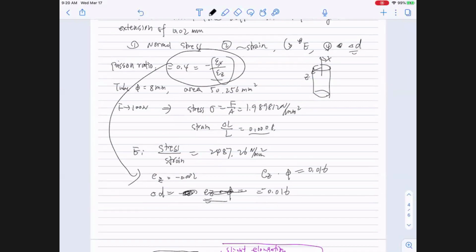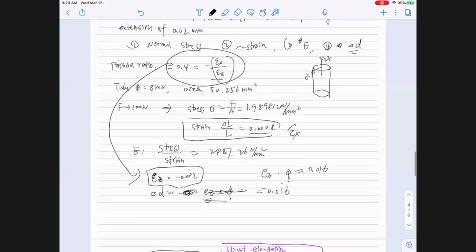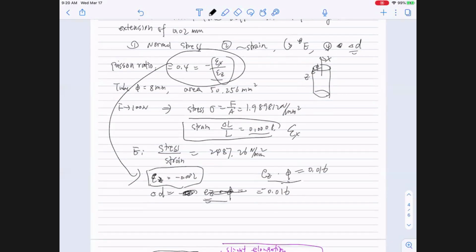We know the Poisson ratio is 0.4. We know this one is epsilon x, so we can get the epsilon z. Oh, okay, got it. Yeah, epsilon z times this one. Because the diameter is 5, we can get the change of the diameter of the tube. So, is it clear? Yeah, perfect.